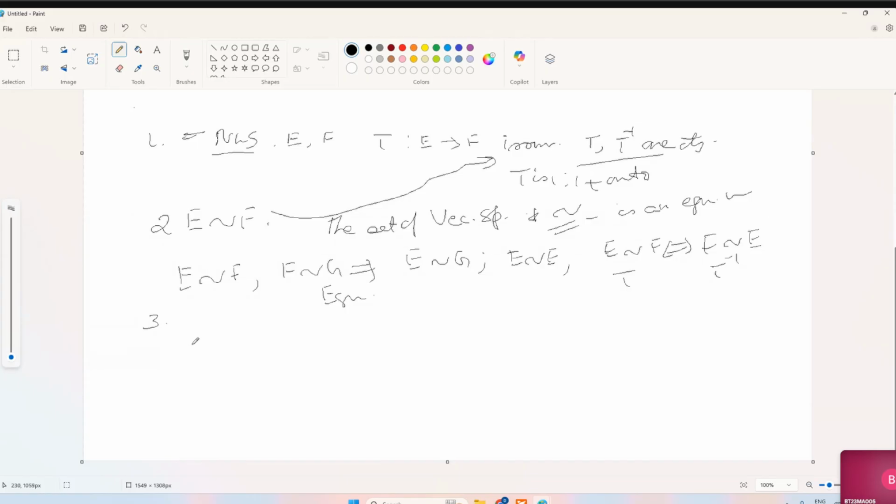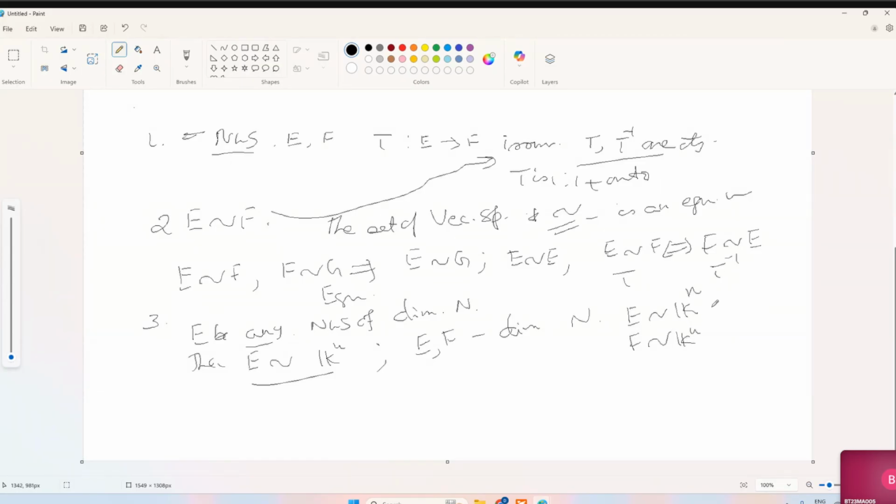Third thing, what have we done? We said that E be any normed linear space of dimension n. Then E is isomorphic to Kn. So if you have two vector spaces E, F of dimension n, because this is an equivalence relation, E is isomorphic to Kn, and F is isomorphic to Kn by the same theorem.